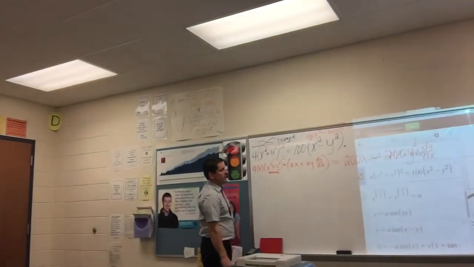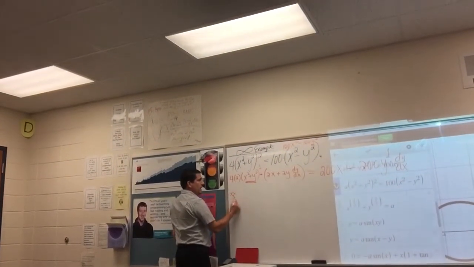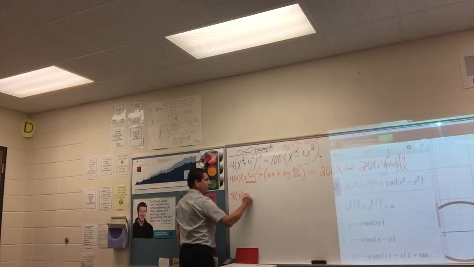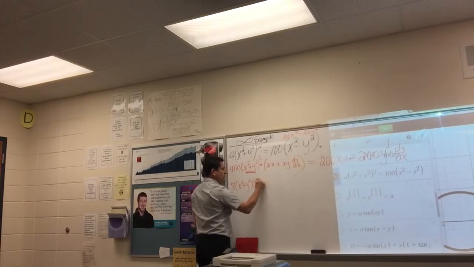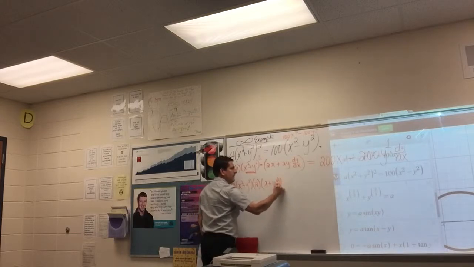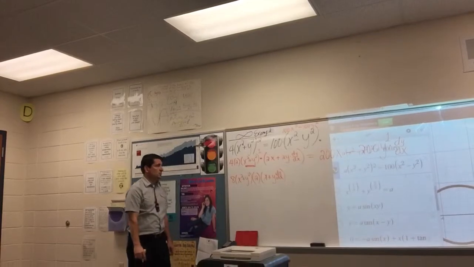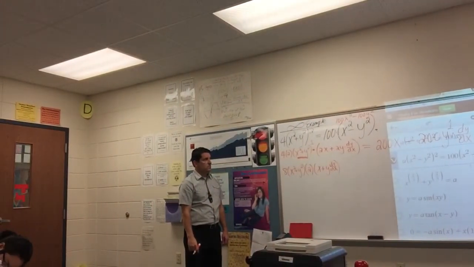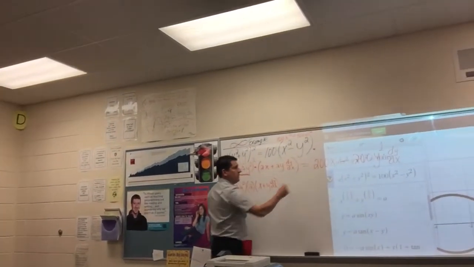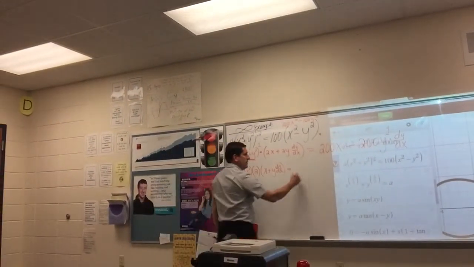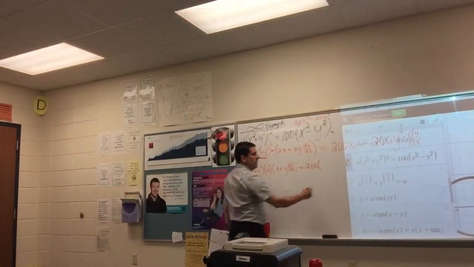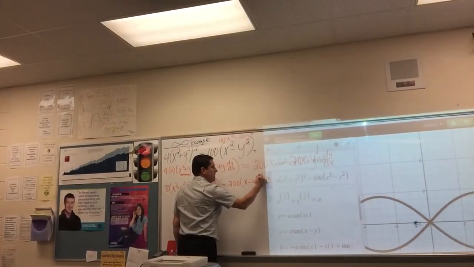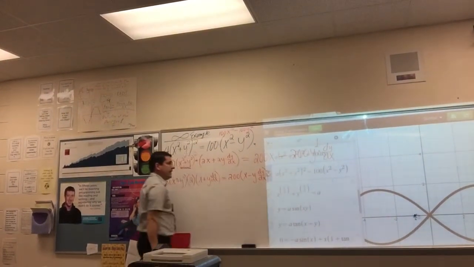All right, well, let's just clean this up a bit and see if we can get anything good out of this. 8 times (x squared plus y squared) times, I suppose I could pull out a 2 there, (x plus y) times dy/dx is equal to, as long as we got that 200 there, let's take the 200 out, 200 times (x minus y) times dy/dx.